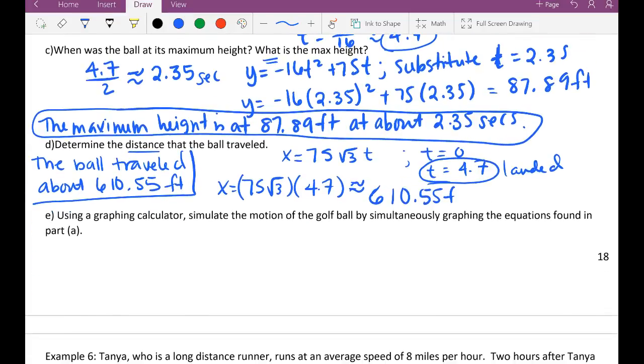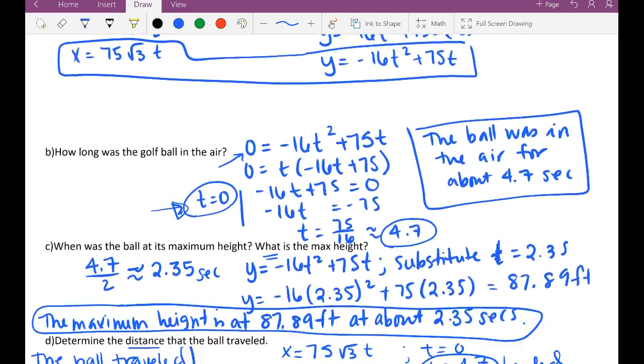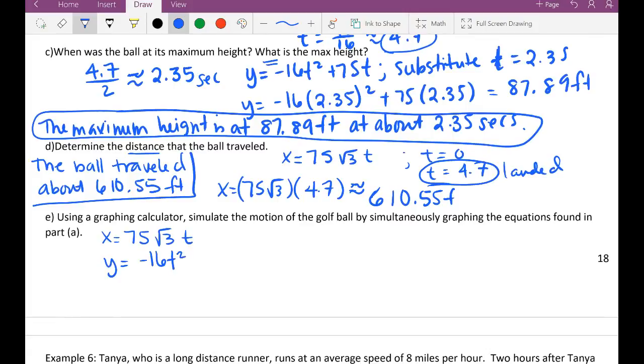All right, let's do E. Using a graphing calculator, simulate the motion of the golf ball by simultaneously graphing the equations found in part A. That means you had x equals 75 radical 3 t and y equals negative 16 t squared plus 75.